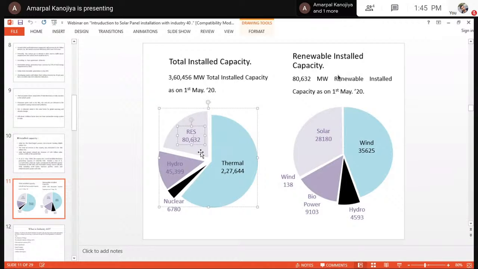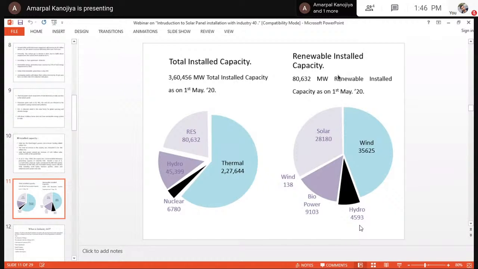80,632 megawatt. Now, if we elaborate on this 80,000, from solar we have generated just 28,180 megawatt. From wind, there is 35,625 megawatt. From bio, 9,103 megawatt.